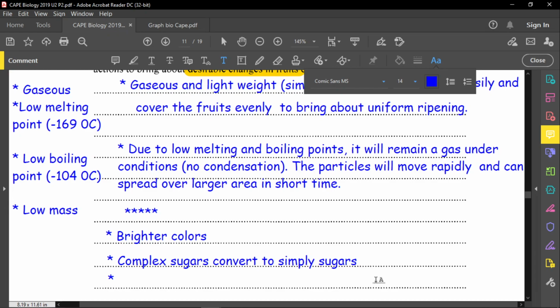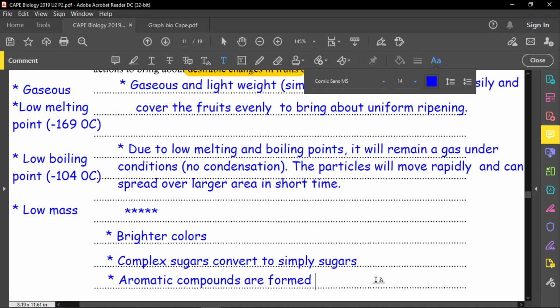Also, what is important as well is that because of the ethylene, it can stimulate the production of aromatic compounds. So aromatic compounds are formed, and this is very important because this will make fruits have a better smell too, because with ripe fruits you get that nice smell, and so that will also create more attraction towards the fruits.